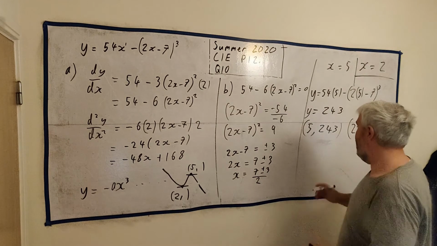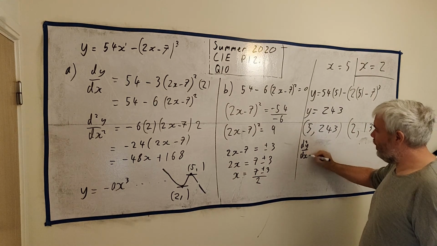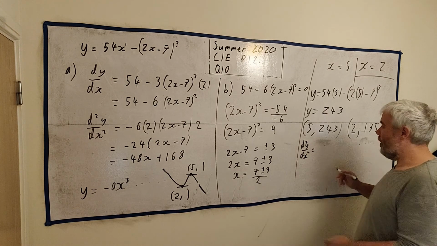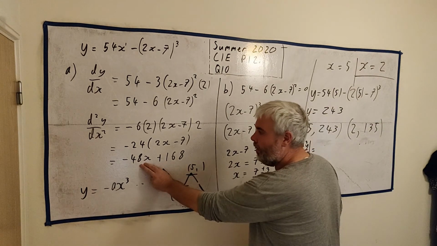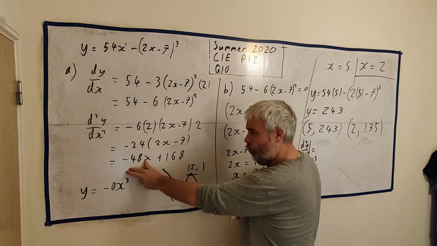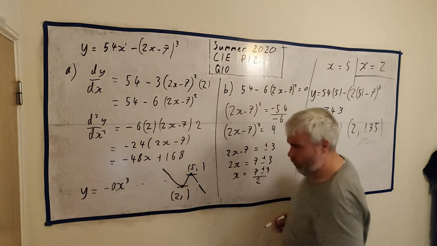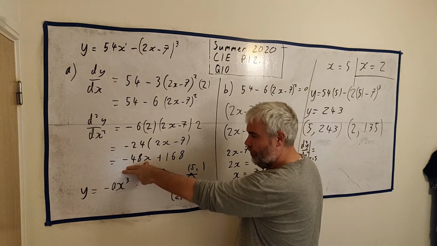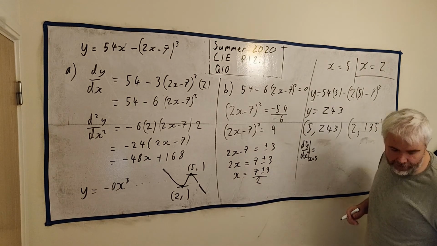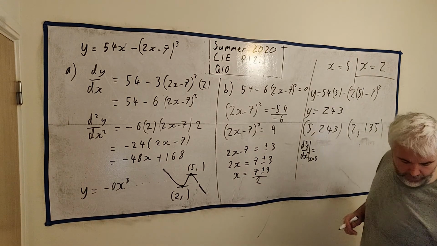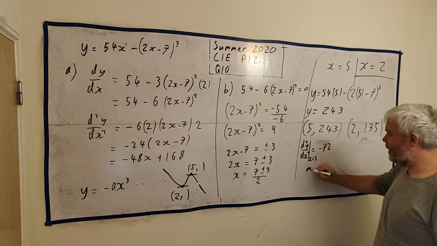They want you to show that d squared y dx squared, when x equals 5, put 5 in here, we get minus 72, therefore that's a maximum.